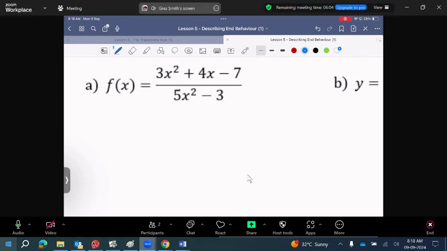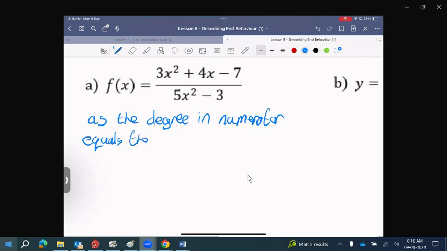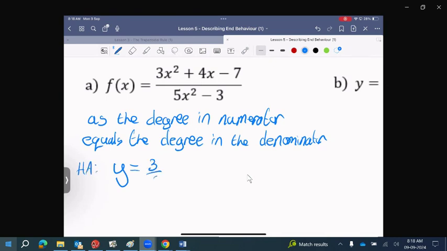All right. So as the degree in the numerator equals the degree in the denominator, the horizontal asymptote is y equals 3/5.